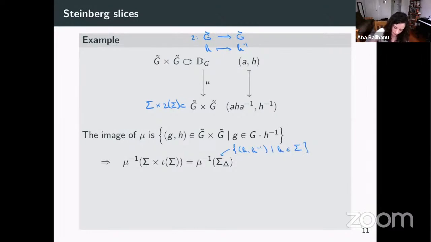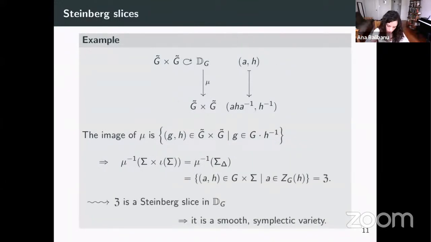And you can see immediately from the definition of this moment map that if I take the fiber above the point (h, h inverse), I will get something that is exactly the centralizer of h in the adjoint group. So in other words, what have I done?